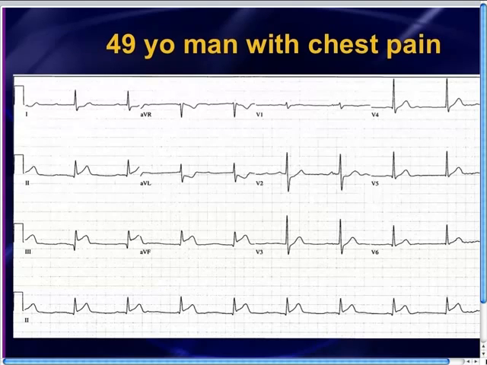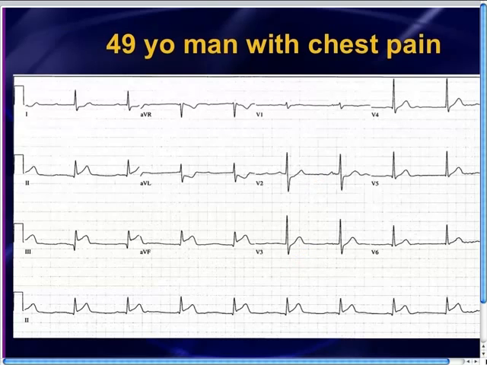Specifically, there's tall R waves in V1, V2, V3. There's upright T waves in those leads, and also there's ST segment depression, maybe just a hint, if any, in V1, but definitely in V2 and in V3. And that's your classic triad for posterior infarction.